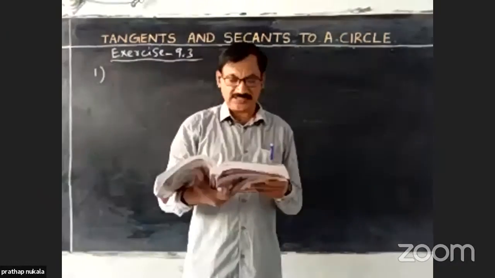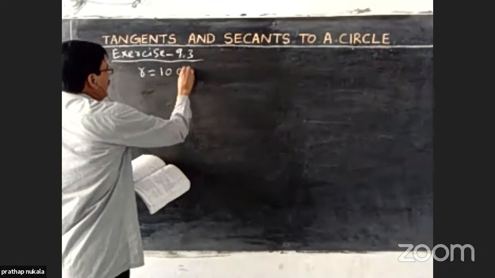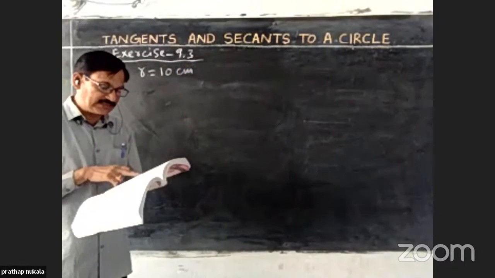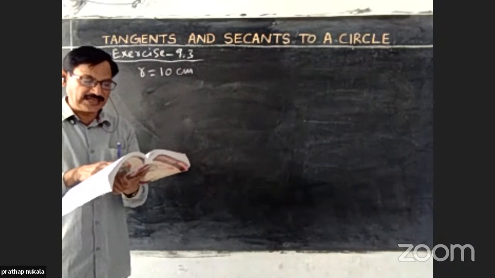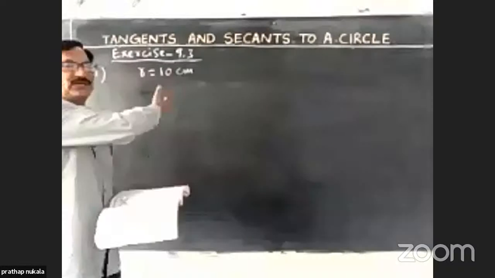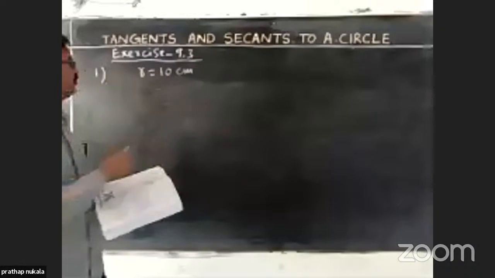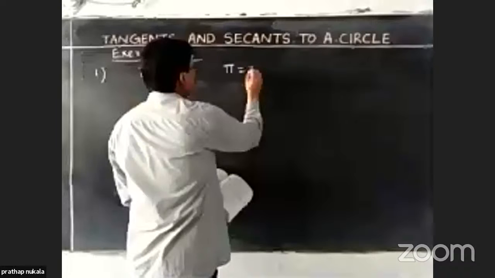In a circle of radius 10 centimeters, given that the radius of the circle is 10 centimeters, a chord subtends a right angle at the center. Find the area of the corresponding minor segment, also the major segment. We have to find the areas of the minor segment and major segment, which we have discussed earlier. Okay. Use pi equal to 3.14.